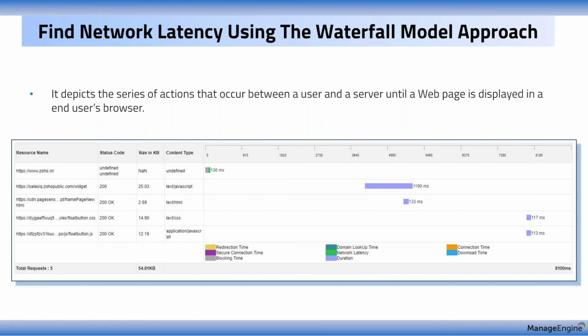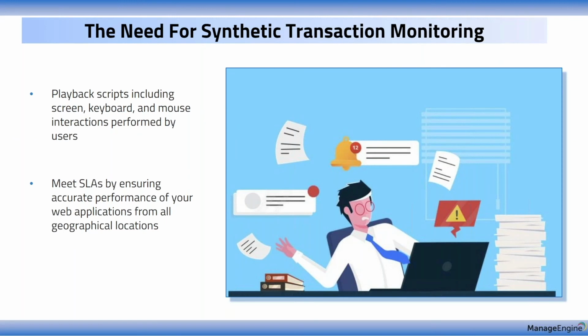Let's see the need for synthetic transaction monitoring. Previously we discussed URL monitoring and the URL sequence, wherein we just monitor the website by hitting the URL, and we show you the response codes and the DNS time and connection time information. In a more complex environment, implementing synthetic transaction monitoring is more beneficial because we perform a playback of the mouse level and keyboard level interactions which are actually performed by your users.